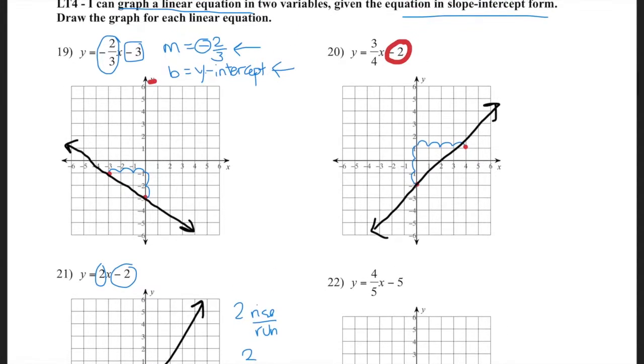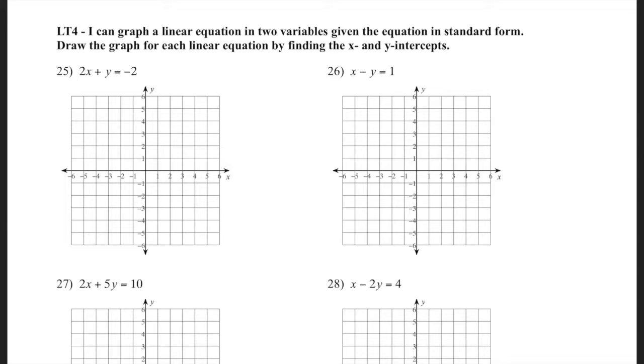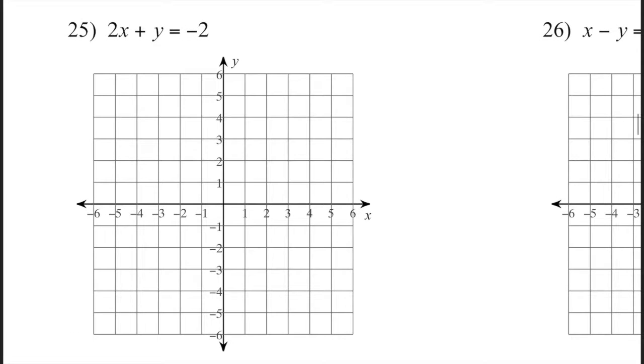It's pretty straightforward. What makes it a little bit more complicated is if you get to a page like this, where they are giving you the equation in standard form. You must, as I said earlier, convert the equation to slope-intercept form, because you can't just look at this and say, oh, it says 2x, so the slope is 2, because x is on the same side as y.